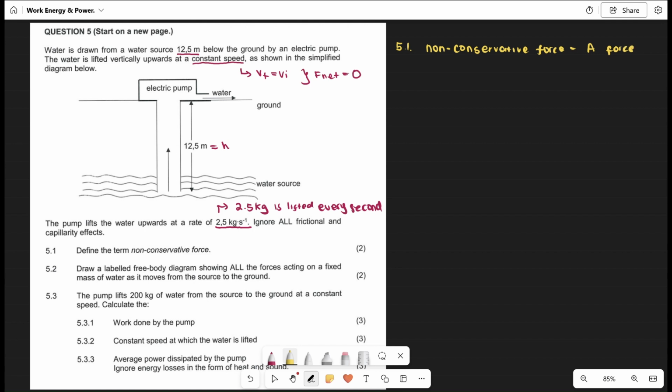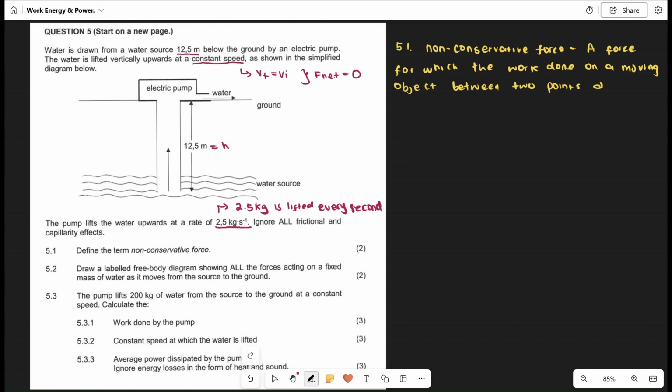So it is a force for which the work done on a moving object between 2 points depends, or you could say it's dependent, right?